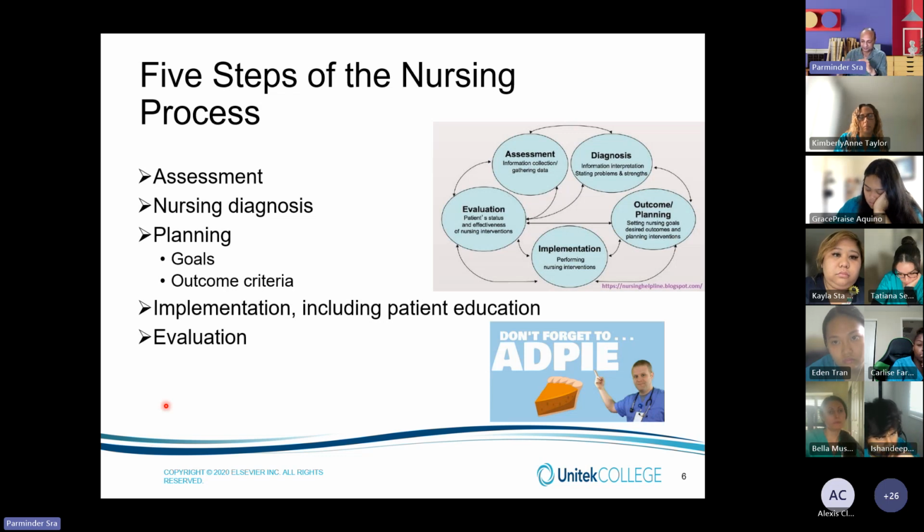Remember about the pain. Yes, measurable, that we said the patient will report the pain below 3 or 2, whatever it is, before the end of your shift. If you don't say that by end of shift, then you did not set up a timeline.